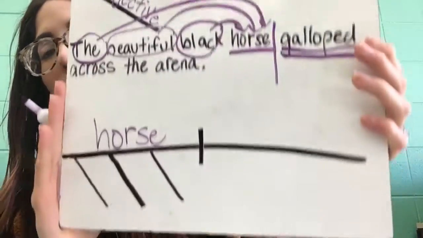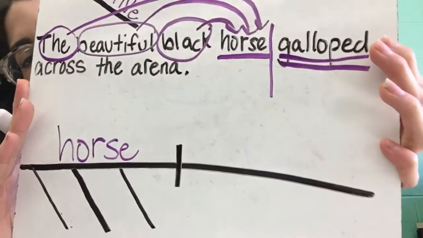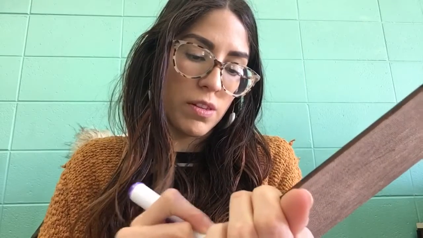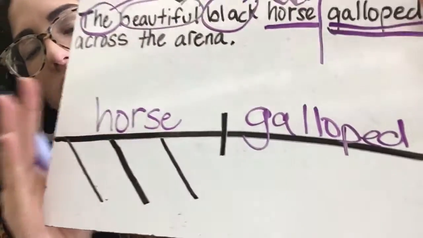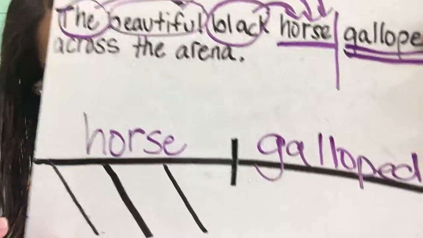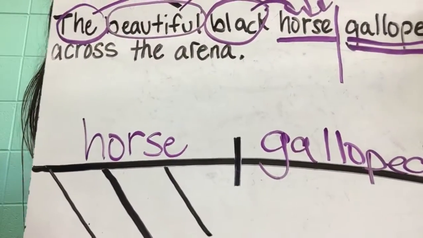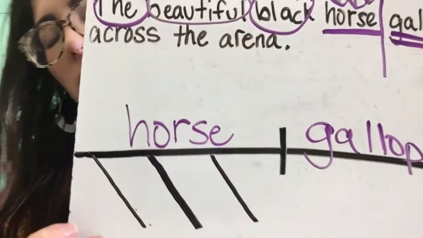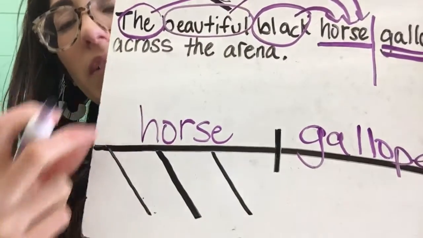That's right, my verb. Good job. What's my verb? Good, galloped. Okay, galloped. And then what's going to go underneath? What's going to go underneath? That's right, the beautiful black. Not horse, but the beautiful black.